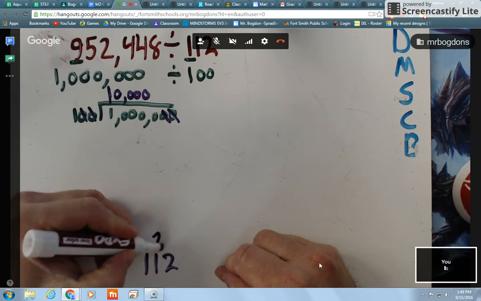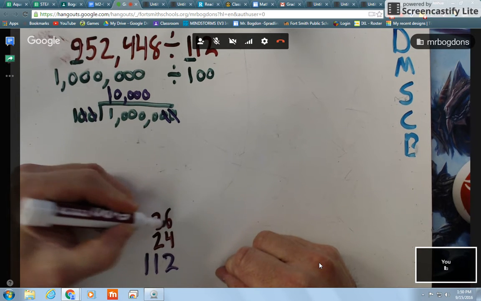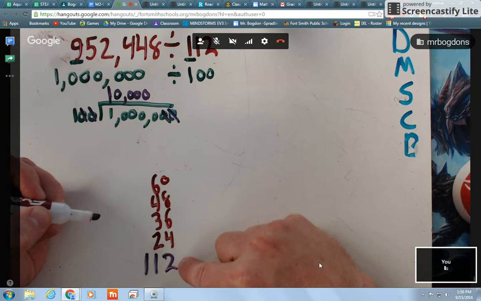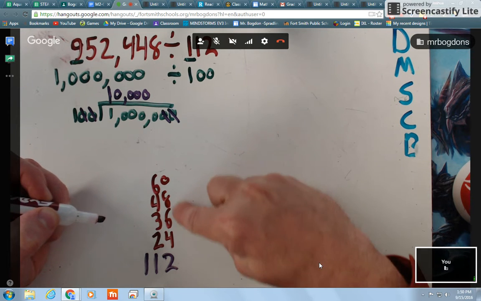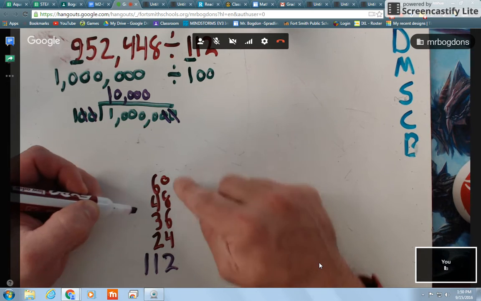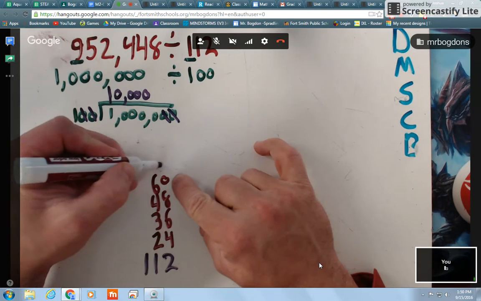12, 24, 36, 48, 60. And there's a nice pattern going on here. You just increase the 1s by 2. You increase the 10s by 1. Then I wrap back around.